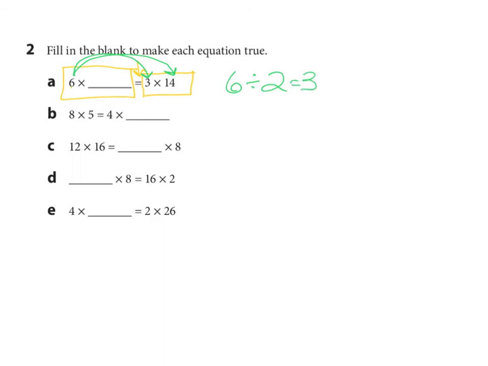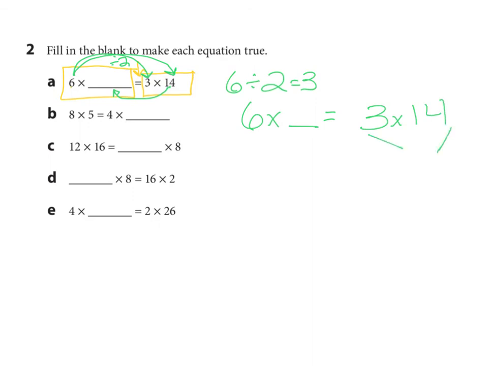So knowing that, how could you use those number relationships to say, well, how does 14 connect then to this one? If we halved 6 to get to 3, in order to make it true and to make it the same, what has to happen to 14 in order to get there? Okay, so 6 times what number is the same as 3 times 14?